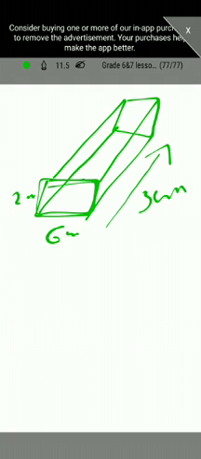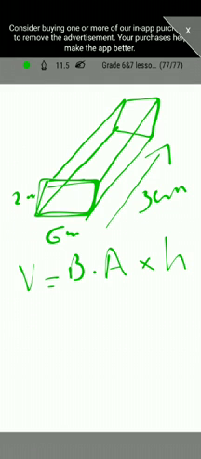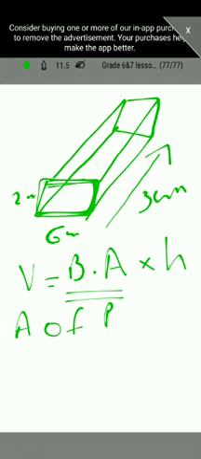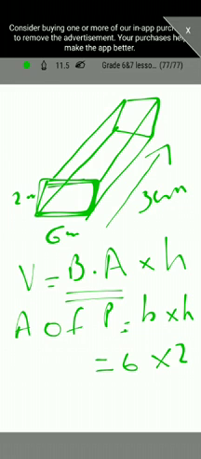The formula for all prisms is base area multiplied by height. For base area, first you find the area of the parallelogram, and the formula for area of a parallelogram is base multiplied by its height. Base is 6 and height is 2, so it is 12 square centimeters.